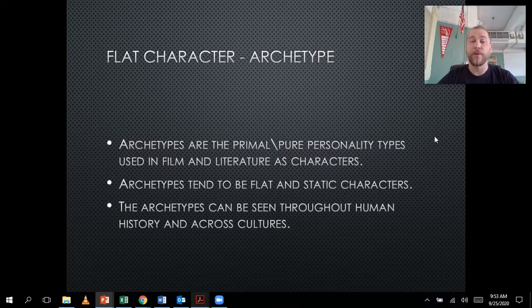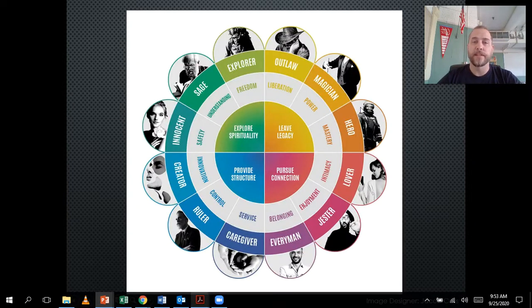Now, this is a primal or pure personality type that's seen across film and literature for ages, right? They tend to be flat, static characters, and they're just really familiar and recognizable, easy to all human audiences because they show up in a lot of our stories. And so an example of this is we have the 12 different archetypes here.